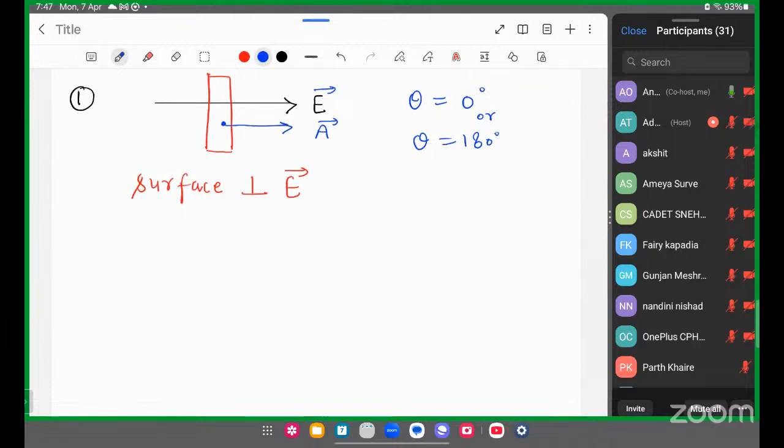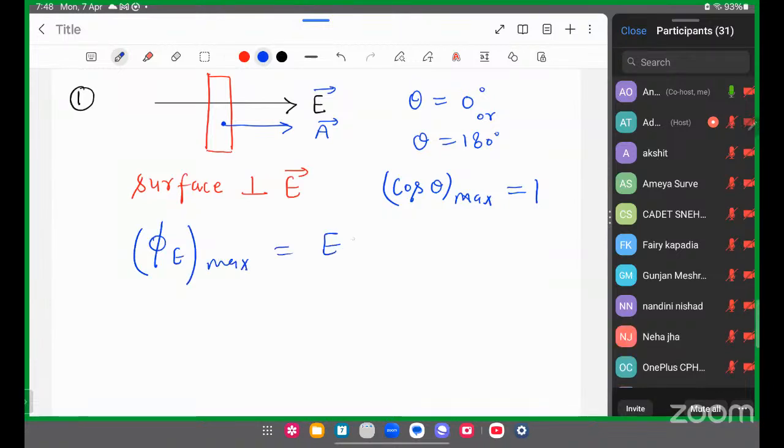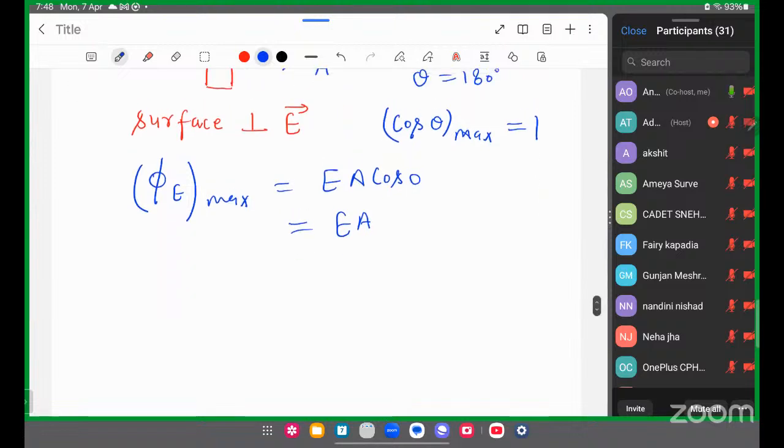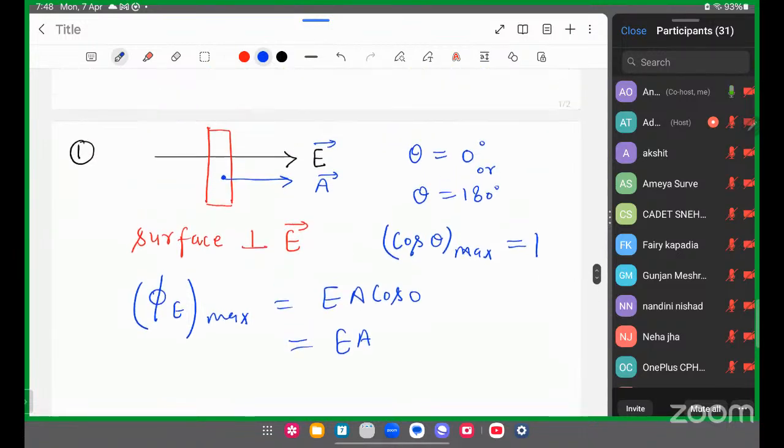We know that cos theta is maximum at angle 0, that is one. So electric flux phi E will be maximum in this case: EA cos 0, and cos 0 is 1, so this will be E into A. This means electric flux passing through a surface is maximum if the surface is perfectly perpendicular to the electric field lines.